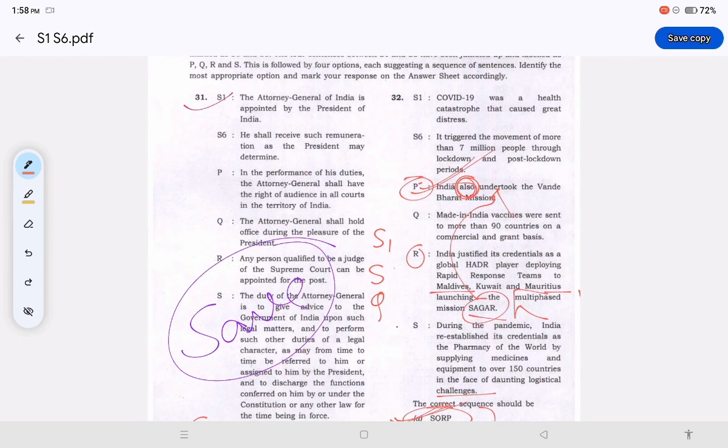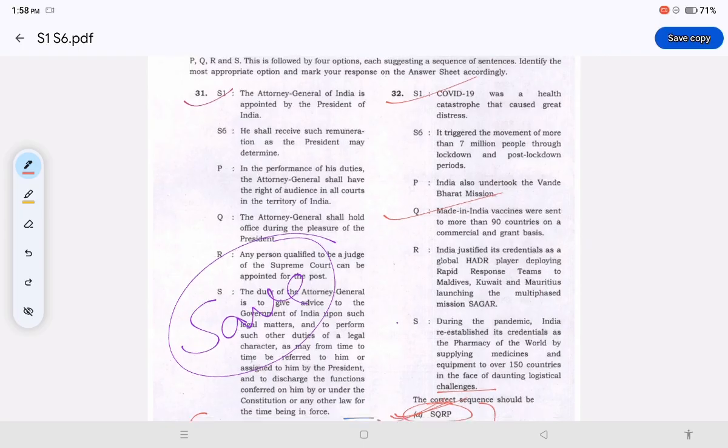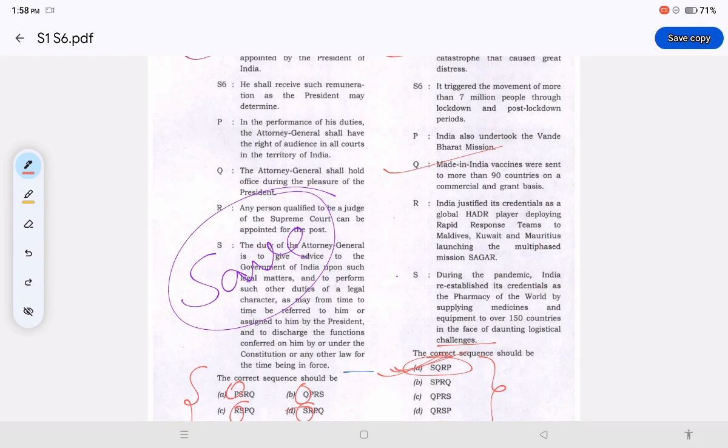Now remember the sandwich method. Find out the answer and read the whole sentence properly. This is taking a lot of time, but I am trying to explain everything to you in detail. Now read. COVID-19 was a health catastrophe that caused great distress. Then, made in India vaccines were sent to more than 90 countries on a commercial and grant basis.